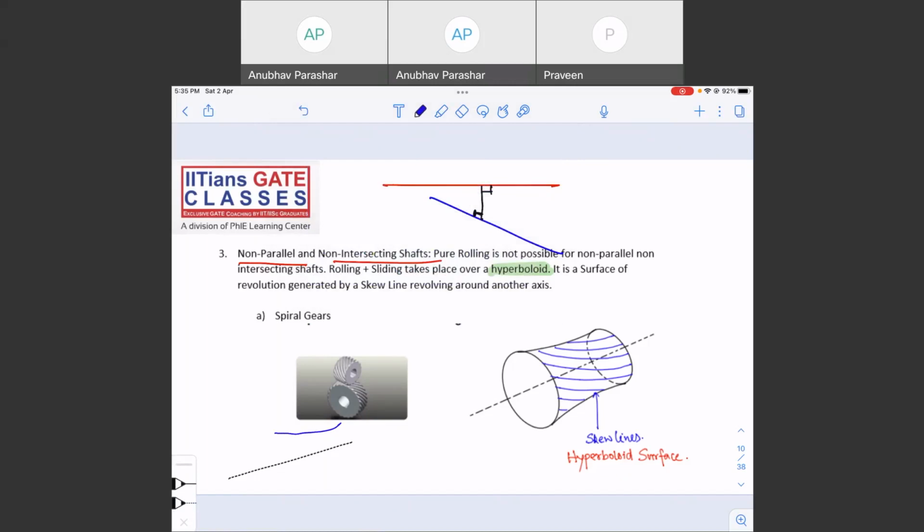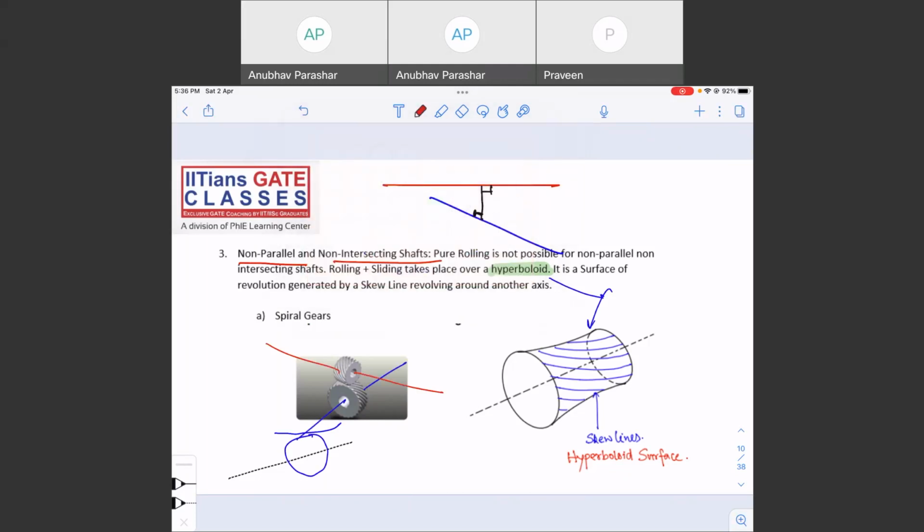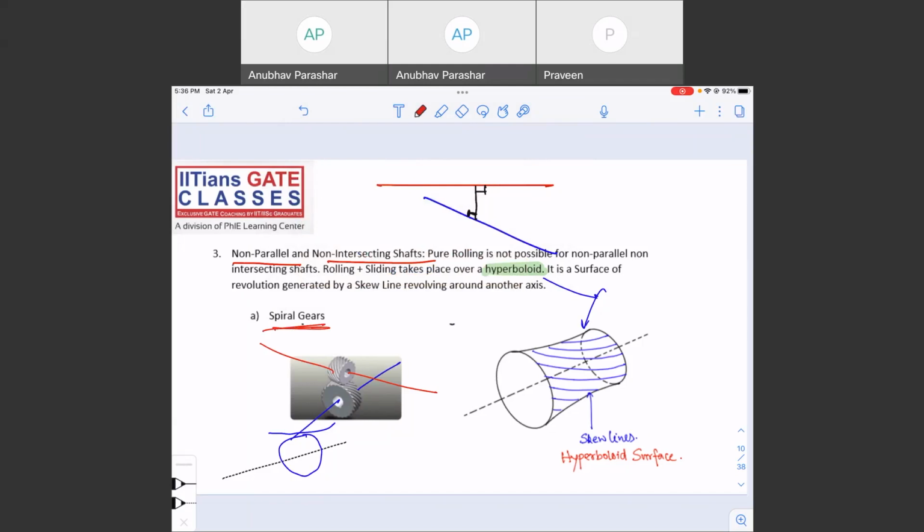If you rotate the skew line 360 degrees about this axis, what you're going to get is a surface which is known as a hyperboloid. So here you can see these are the two shafts. This will be one shaft and this will be one shaft, as you can see. So this type of gears are known as spiral gears.